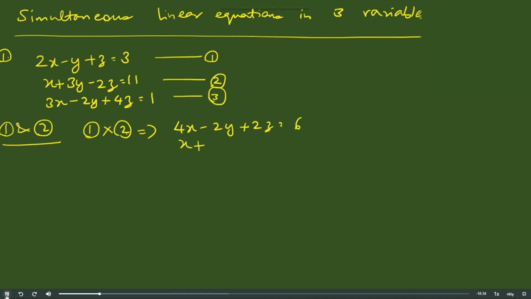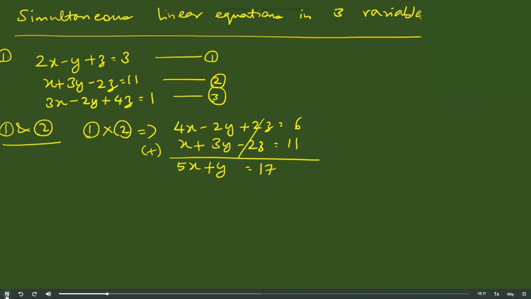And the second equation remains as it is: x plus 3y minus 2z is equal to 11. I will just add 1 and 2. Add 1 and 2. 5x minus y is equal to 17.